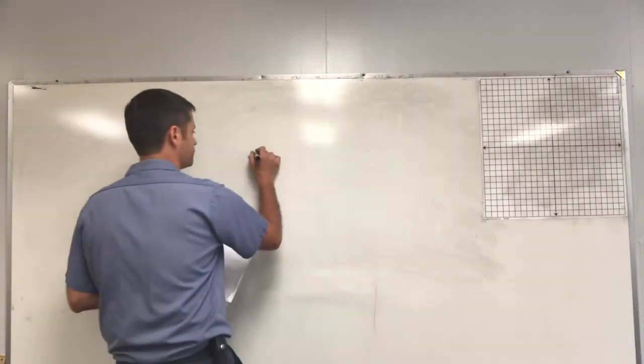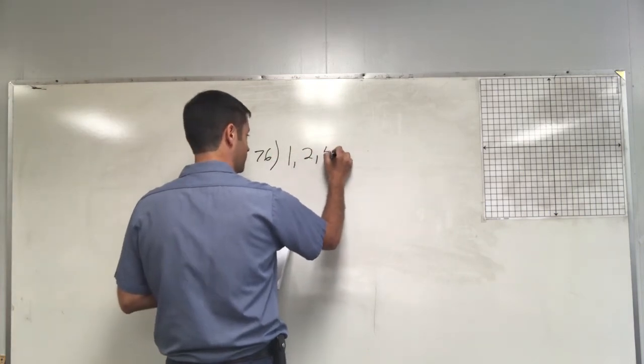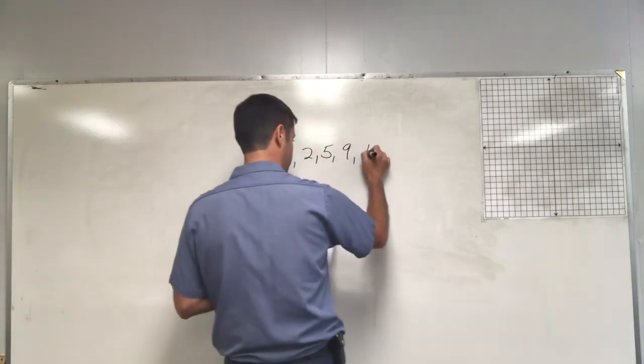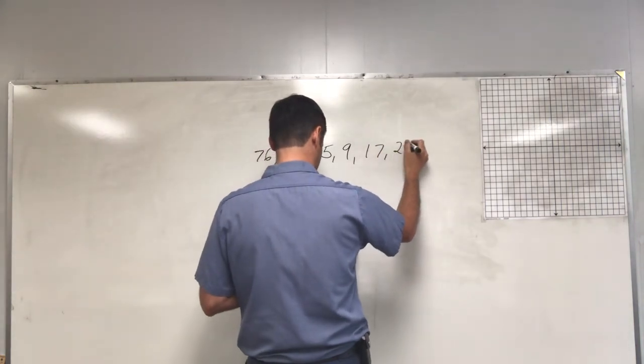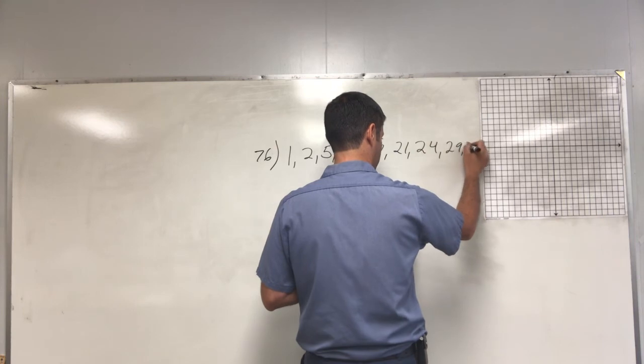Homework for lesson 76 is 1, 2, 5, 9, 17, 21, 24, 29, and 30.